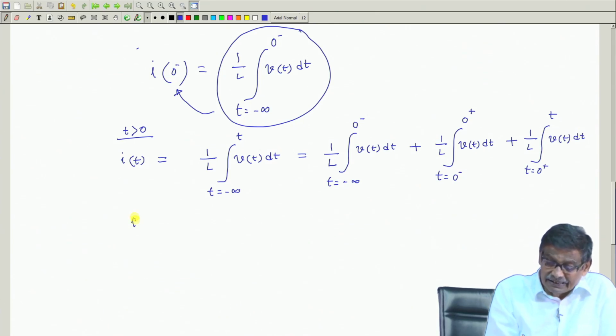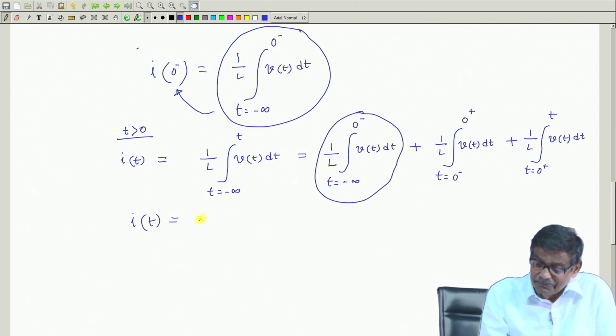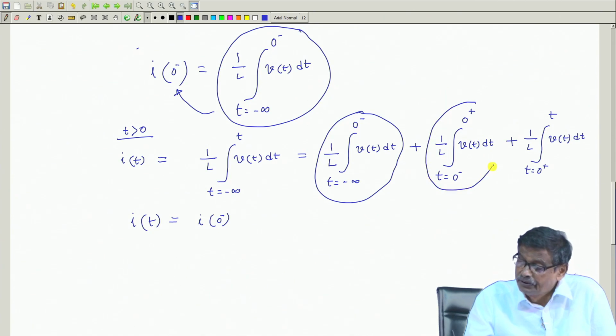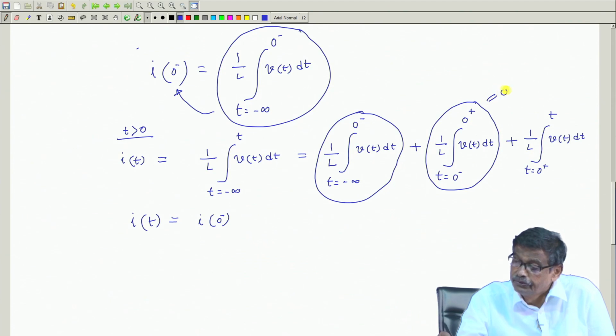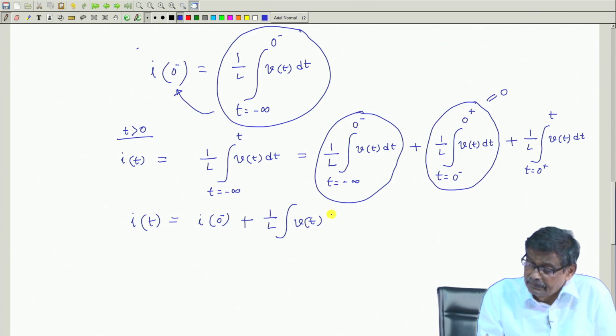Then I will say the current at time t, I t, will be: this part is nothing but the current I 0 minus, and this part, as I told you, if V t is not an impulse, will be equal to 0, plus this third part, where you only have to integrate, where you know what kind of voltage you are applying, from t equal to 0 plus to t.